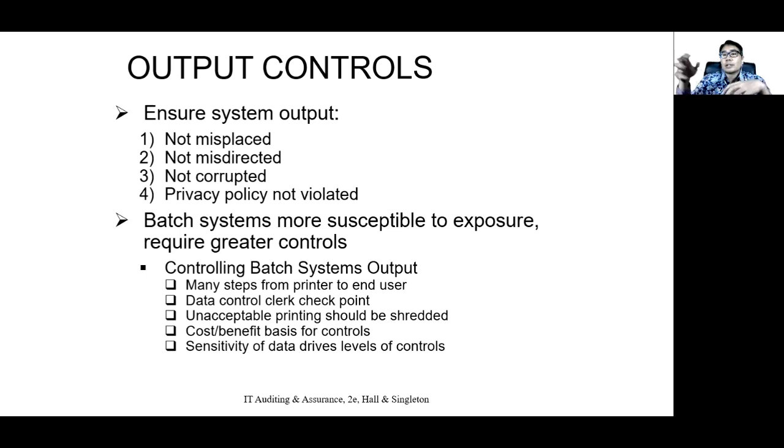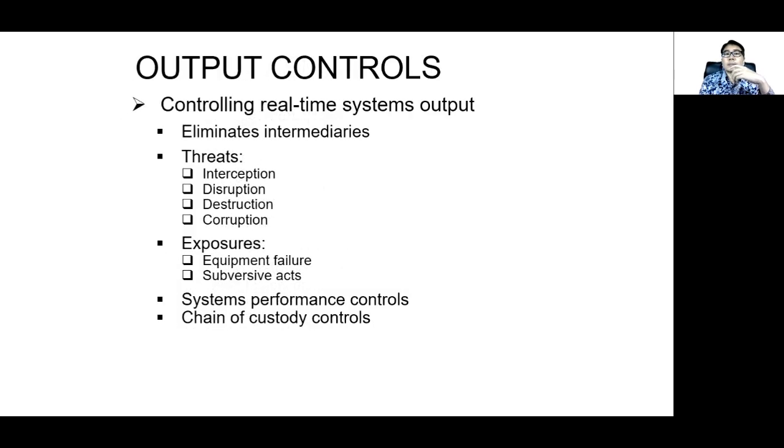For example, if the file is still stored inside the printer memory and the file is confidential, other people who have access to the printer can actually access the memory inside the printer and reprint the confidential file. And the second one is called the real-time systems output control.